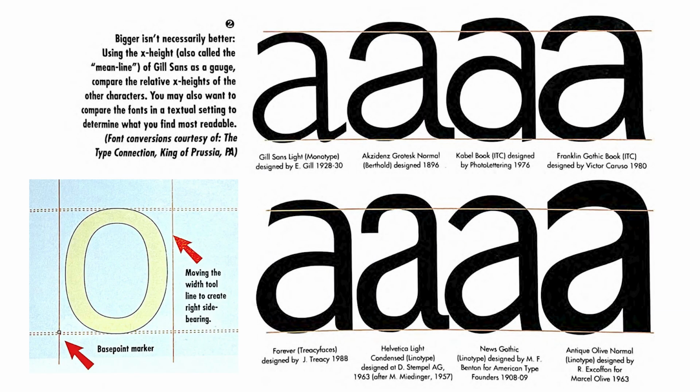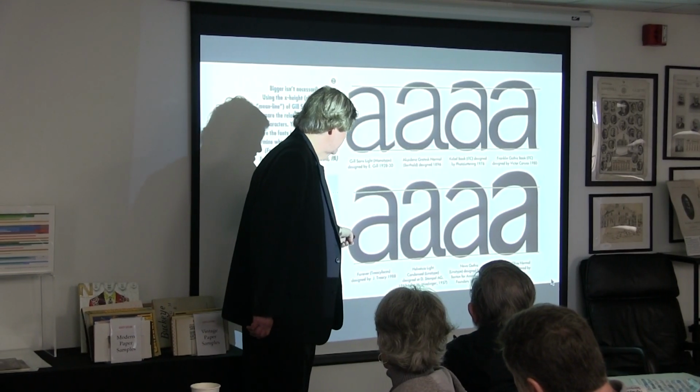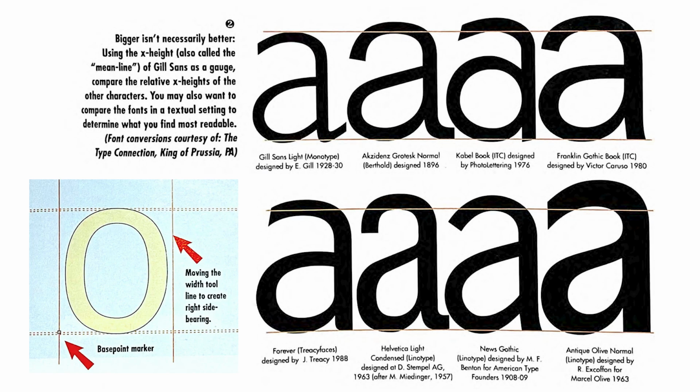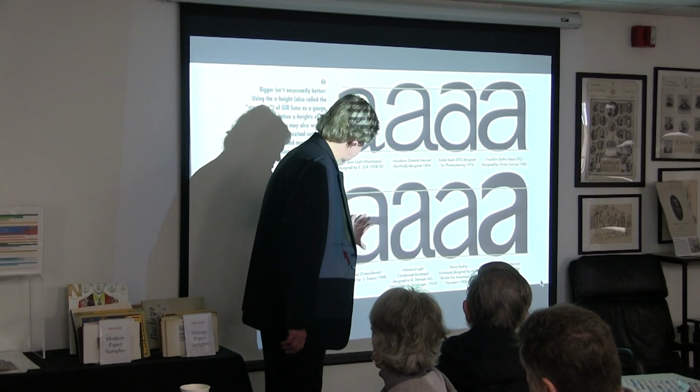And this is my lowercase a from my TF Forever. By the way, this one here. And it was just this interesting journey to get to the balance. How tall was this area within the total height of the lowercase?